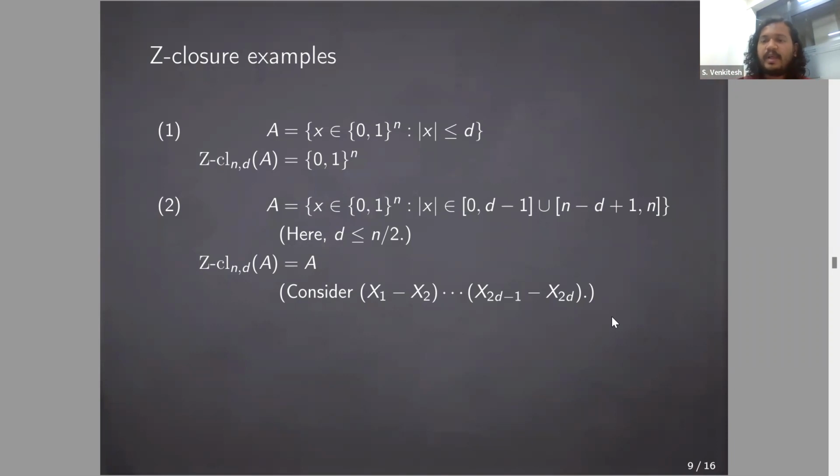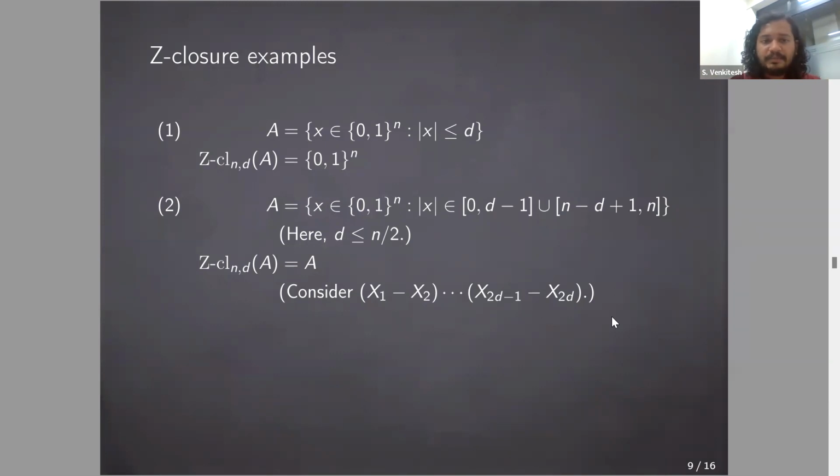A witness polynomial is a polynomial that vanishes on the given set A but does not vanish on the chosen point. It shows that the point is not in the closure. So these are the two most interesting examples, even in the context of this talk.